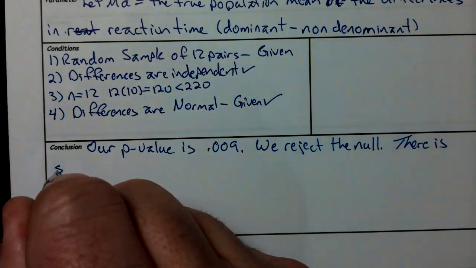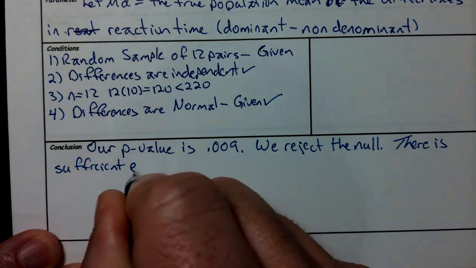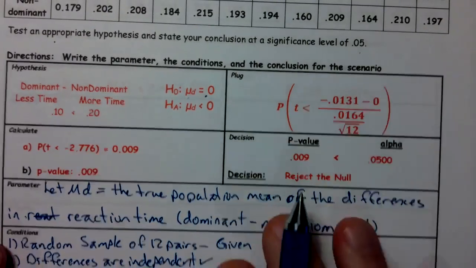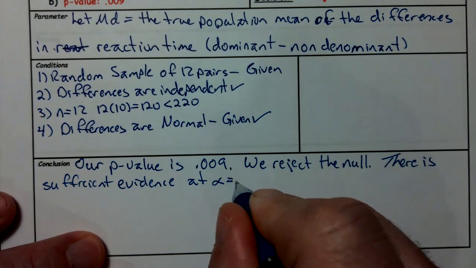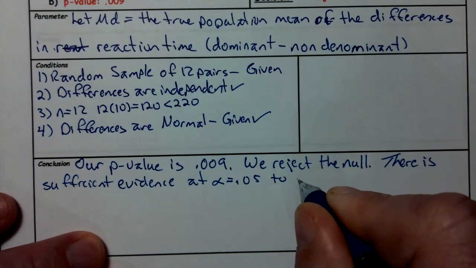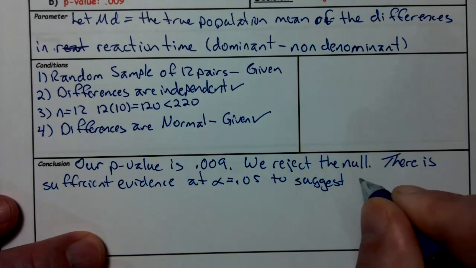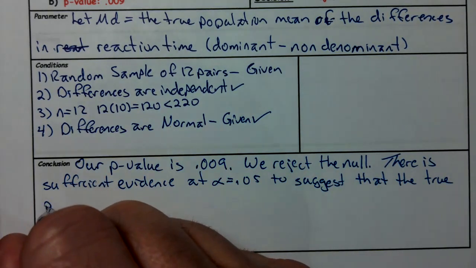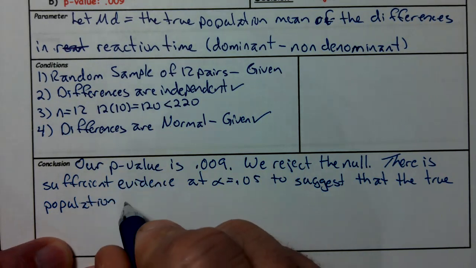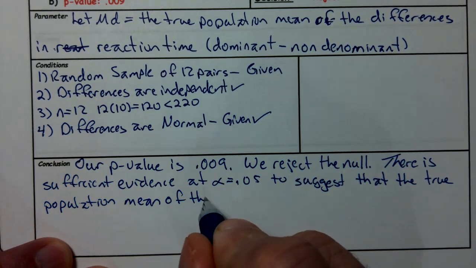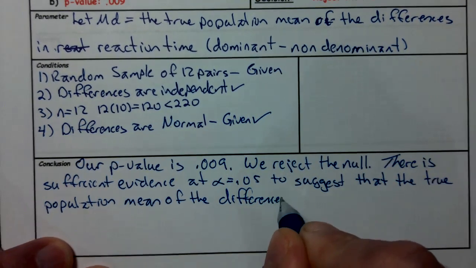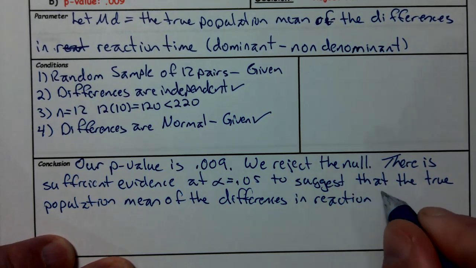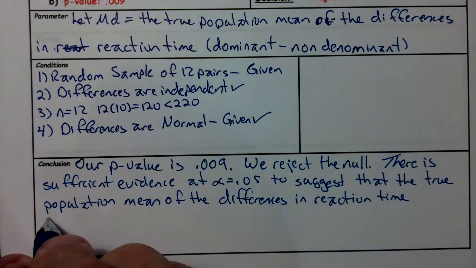So there is sufficient evidence at our alpha level, which was established above as predetermined, our alpha level of 0.05, to claim or to suggest that we need to restate our parameter, that the true population mean of the differences in reaction time, and we have to list how we did it. We went dominant minus non-dominant.